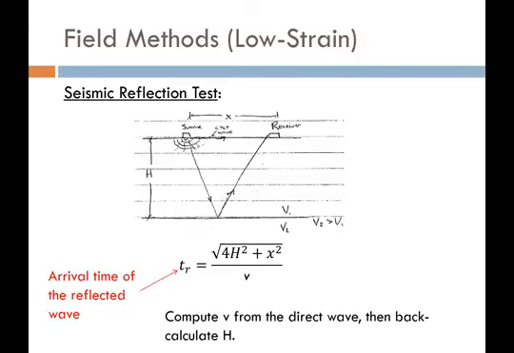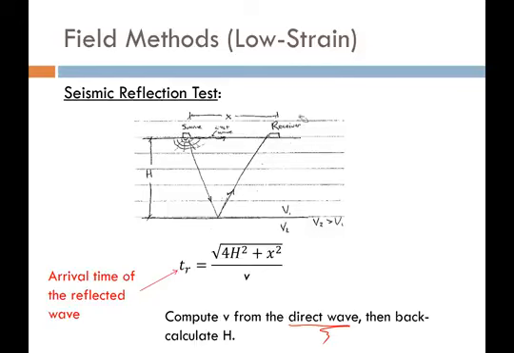So what we're going to do is compute v from the direct wave. We know the distance x, and we just have to look at our receiver and look when the direct wave arrives at the receiver.